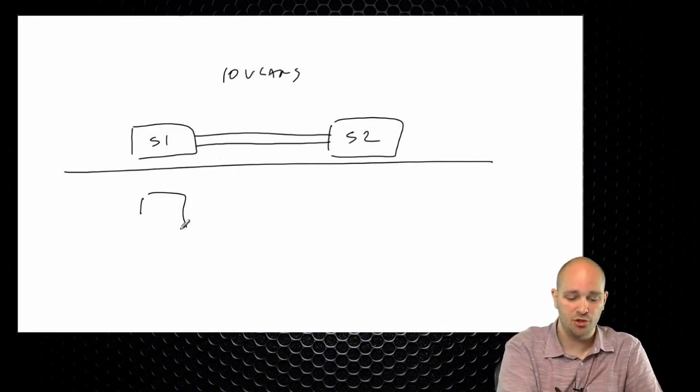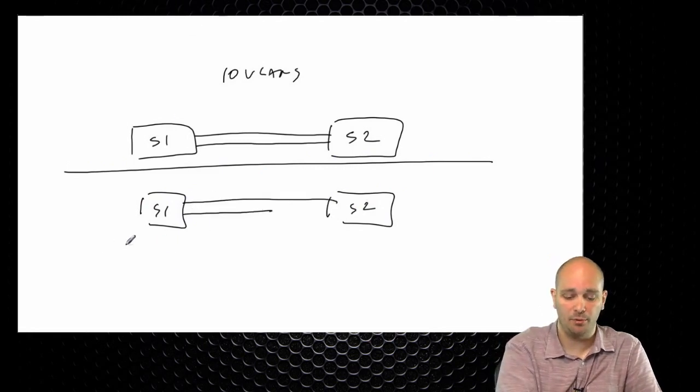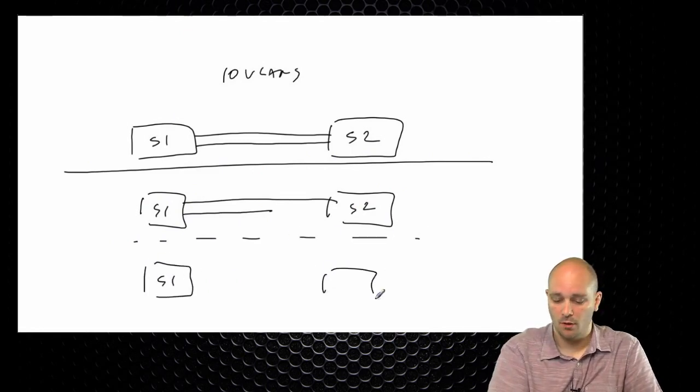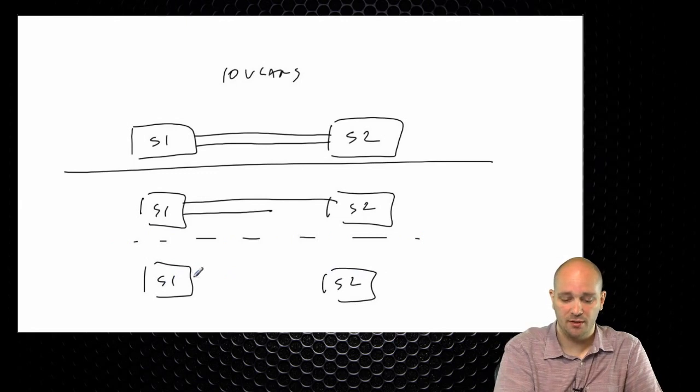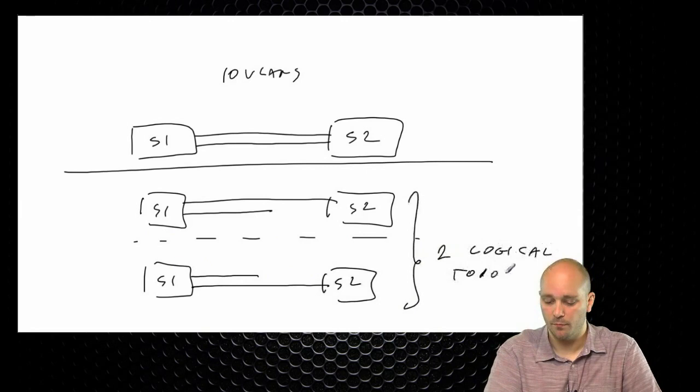Well, we have the logical topology in which the top link is operating and the bottom link is blocking. And we have a possible logical topology where the situation is reversed, that the top link is blocking and the bottom link is forwarding. So we basically have two logical topologies that are possible.